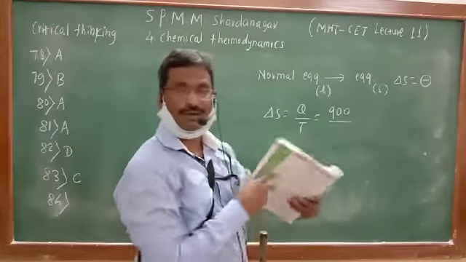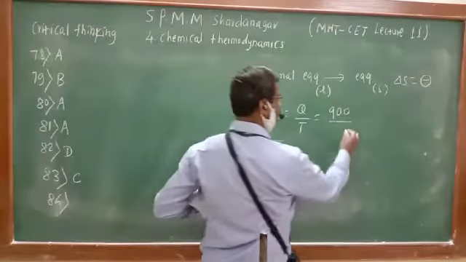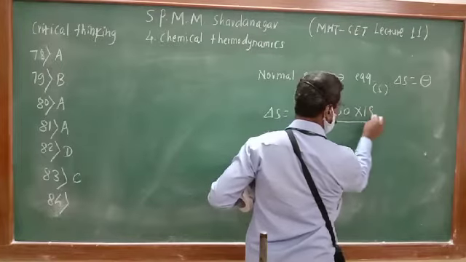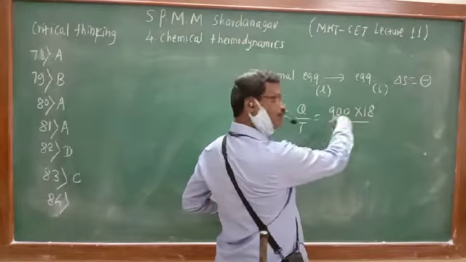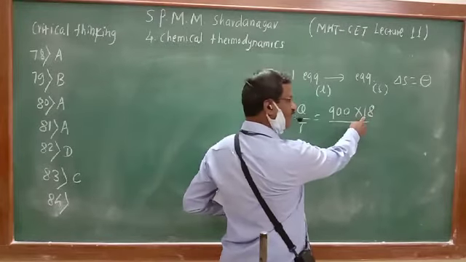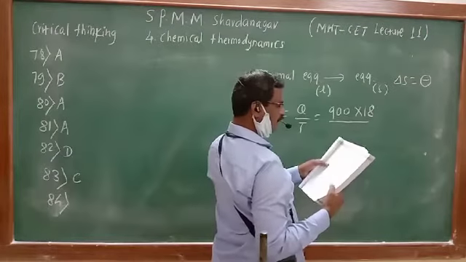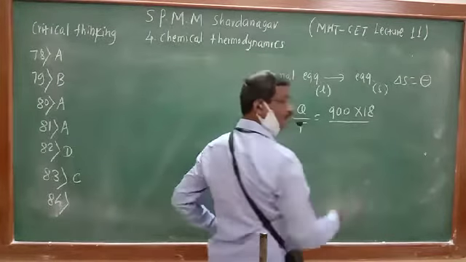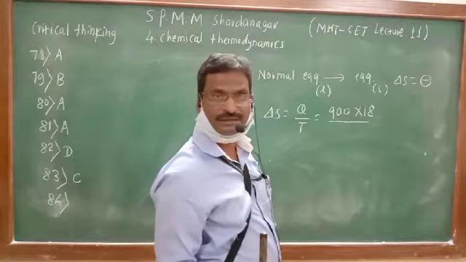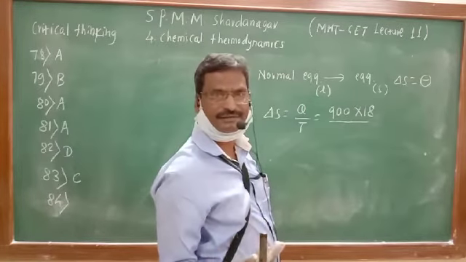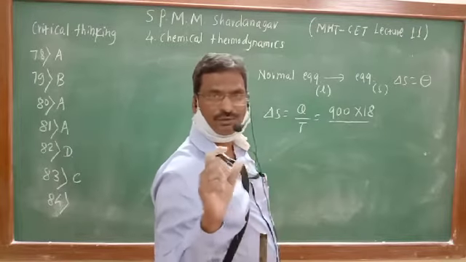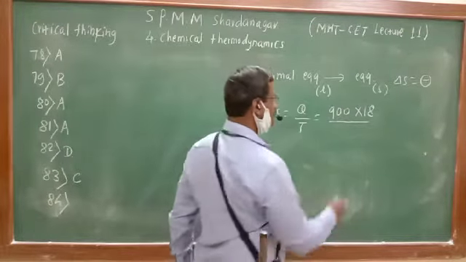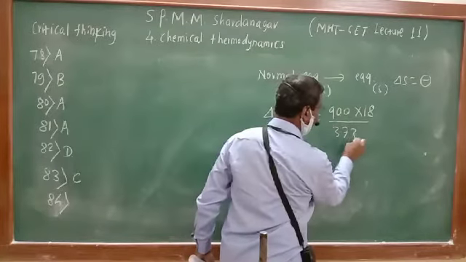How many grams of water are present in 1 mole? 18. For 1 mole, 18 gram, divided by the boiling point of water, 100 degrees Celsius. 100 degrees Celsius means how many Kelvin? 100 plus 273, that is 373 Kelvin.